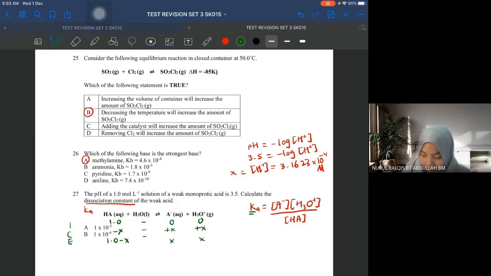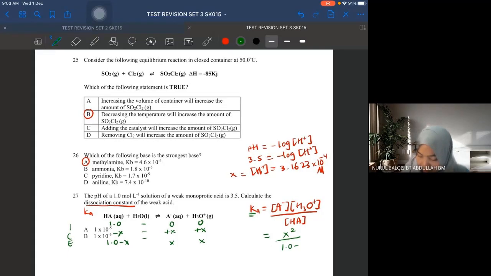So you have this value, substitute into the Ka expression. Kita akan ada X squared over HA kita 1.0 minus X. So from this pH tadi, kita dah ada the X value. Then you can simply substitute the X value lah dalam ni.